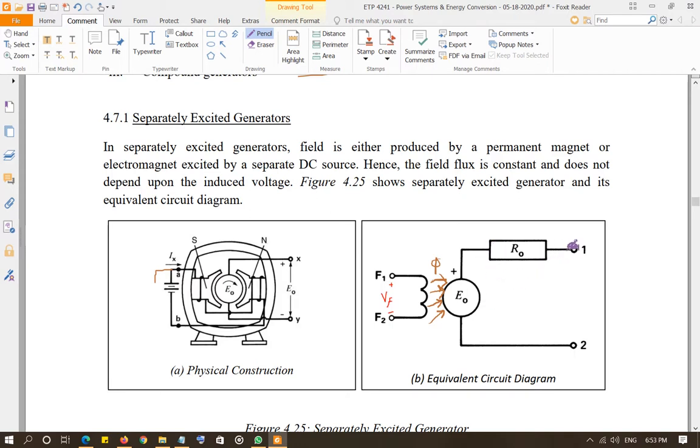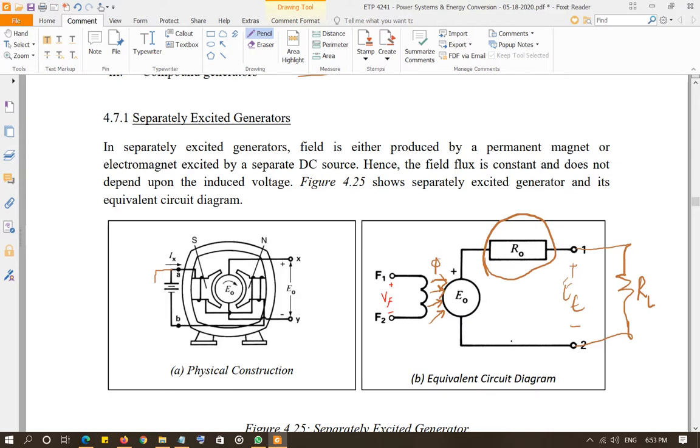And when there is no load connected, of course, whatever voltage is induced is going to appear between the terminals of the generator. But once you connect the load, then current will start flowing here, and the voltage at the terminal is going to be different than the voltage that is induced, because some voltage is going to be dropped in the winding of the armature.